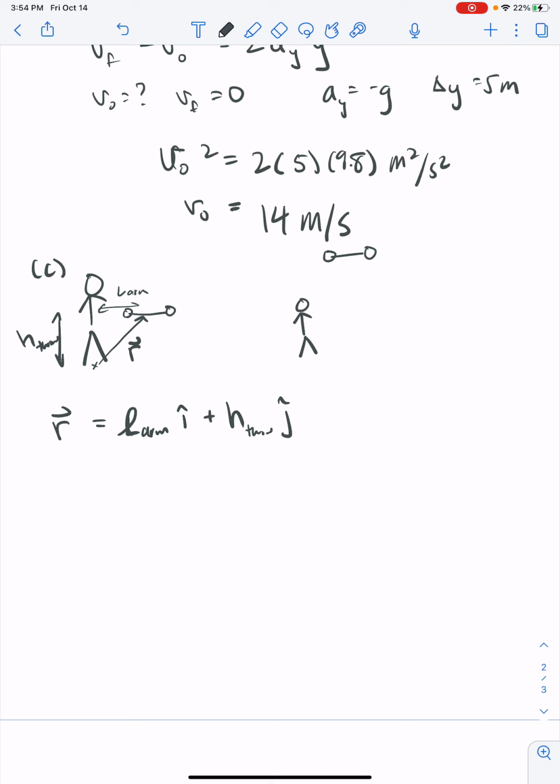Okay, that's our r. And then our total angular momentum is going to be our L center of mass plus our L of spinning about the center of mass.